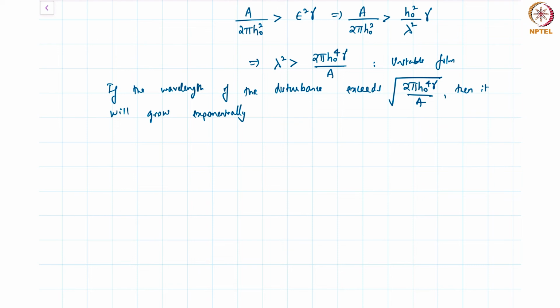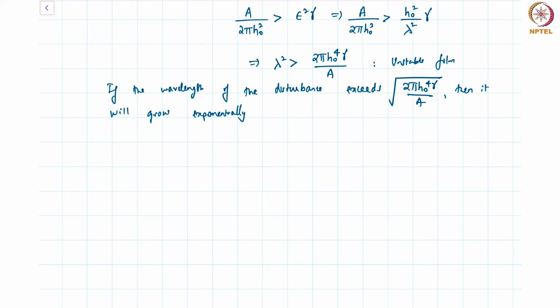So long waves will become unstable because as the wave becomes longer and longer, surface tension basically becomes weaker and weaker, because remember, surface tension acts at a small scale, but as the wave becomes longer and longer, surface tension becomes weaker and weaker.